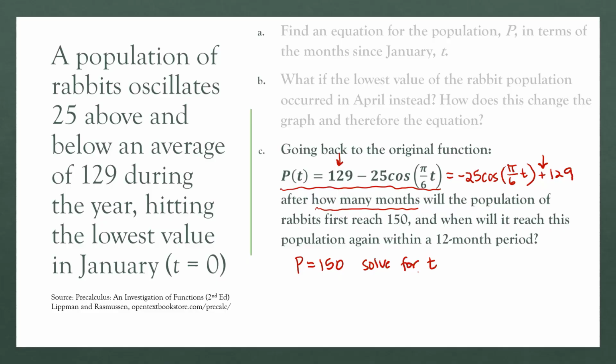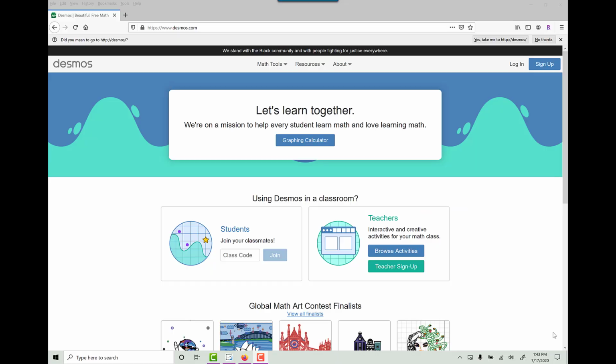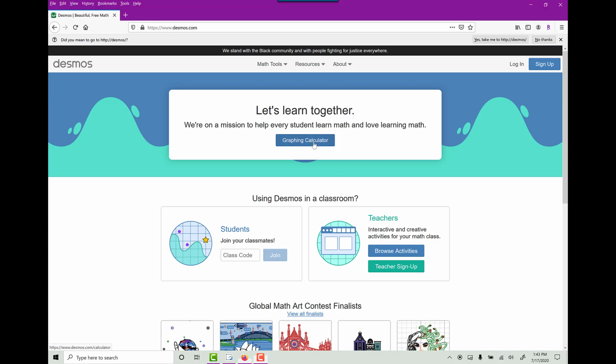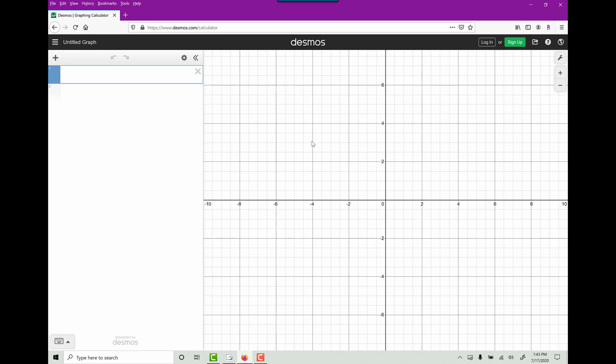So let's do that. All right, one way that you can see the solution to an equation using a graph is by setting one side of the equation equal to y. So we had 150. I'm going to say y equals 150. And then have a second equation that's set equal to the other side.